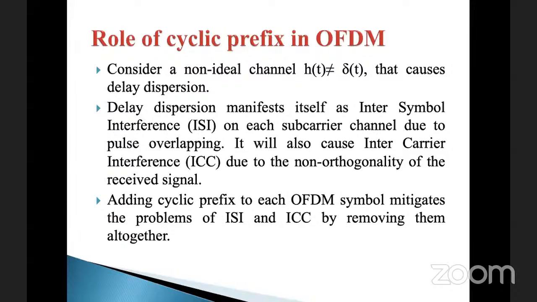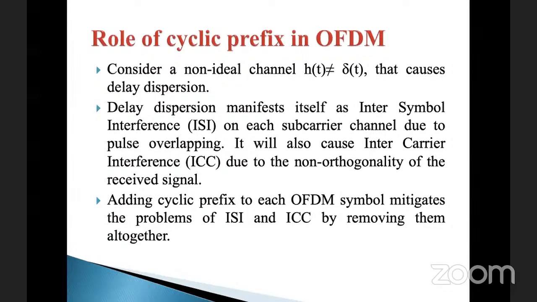For example, if you generate sine 2 pi f naught of t, then sine 2 pi f naught of t plus some delta t. If these two multiplications do not become zero, that means they are not orthogonal. When they are not orthogonal, there is always a chance of intercarrier interference. So this also happens in OFDM.